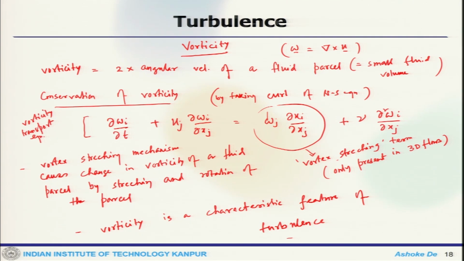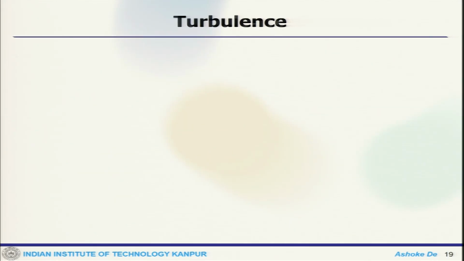We looked at this large scale similarity, Reynolds number similarity, macrostructure, microstructure. Now, we are looking at the vorticity, and also the vorticity transport equation, where we have a vortex stretching term and vortex stretching mechanism. So, that is one of the characteristic features of the turbulent flow.